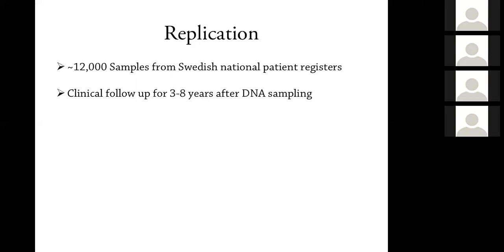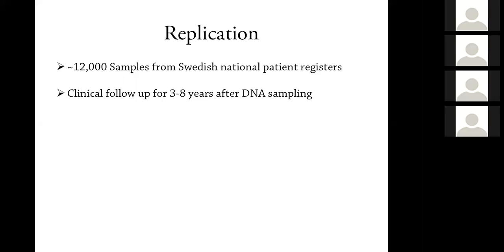The only difference is that those are 12,000 people unascertained for any kind of disorder. So the frequency of cancer in these 12,000 samples would be very similar to what you can estimate from the general population. Only about 5 to 10% of this cohort would have any kind of cancer record.